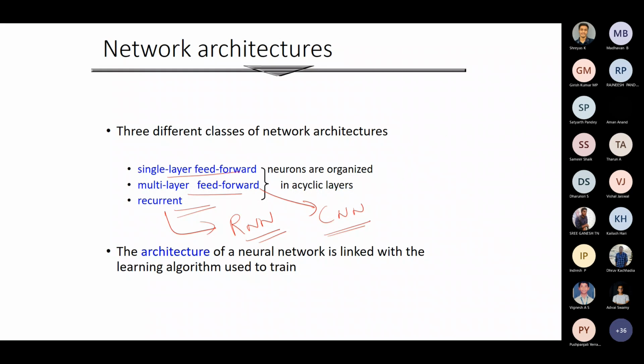The network architectures which are typical of the artificial neural network are divided into, okay, what are all these jargons that have basically been defined. ANN, artificial neural network, is the superset.